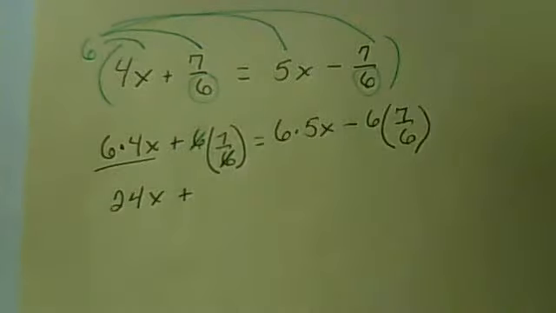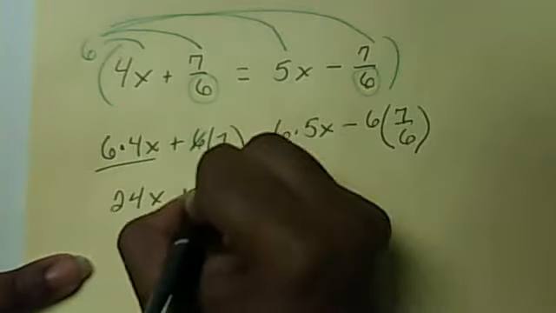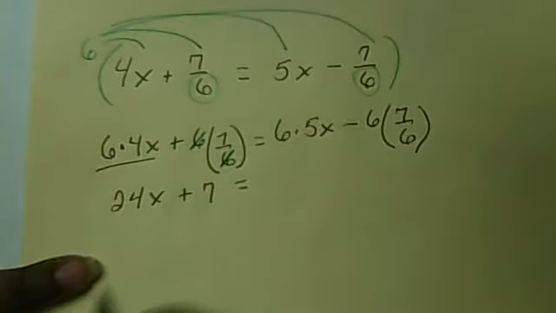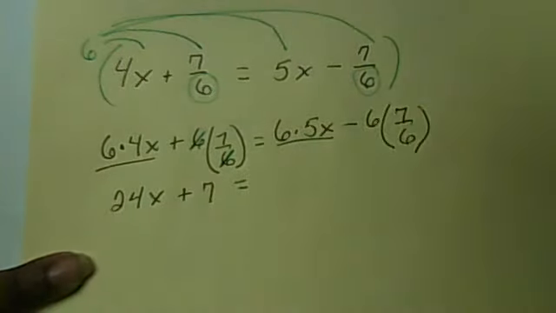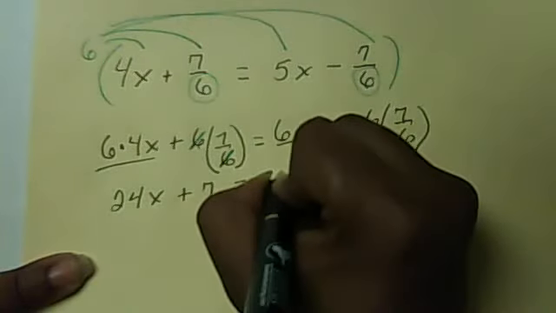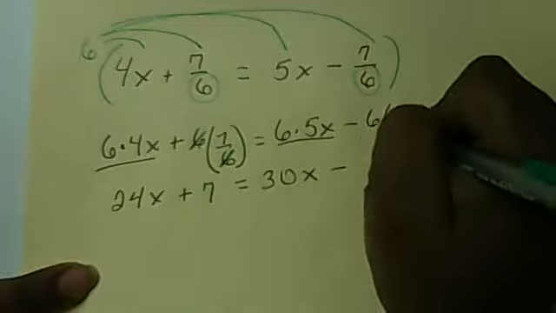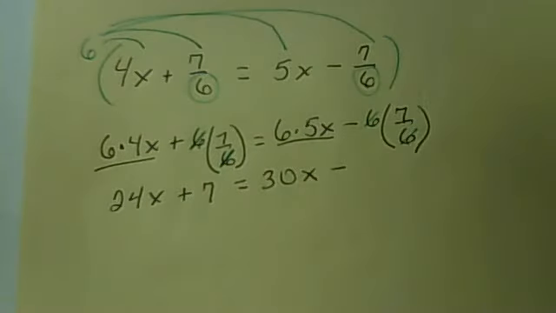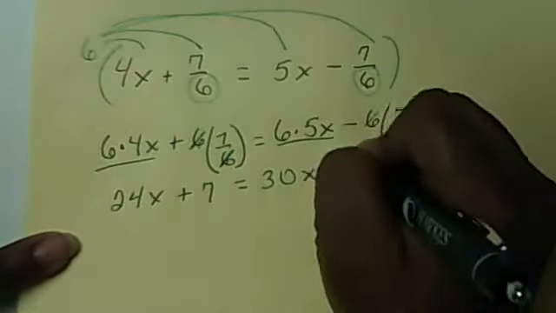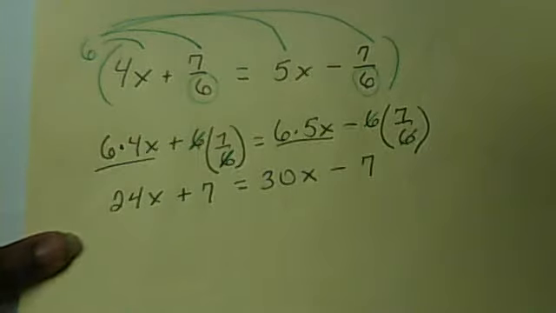They cancel each other out, leaving me with a 7. That's equal to these two. 6 times 5x is 30x, minus, and again, this 6 and this 6 cancel, giving us 1, leaving us with 7. They don't cancel to 0, of course, they only cancel to 1.